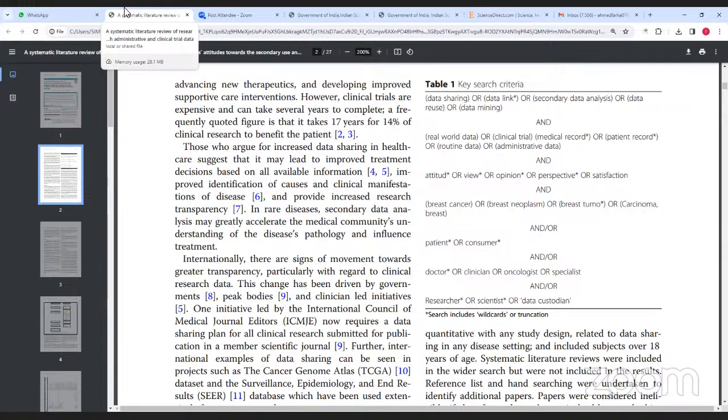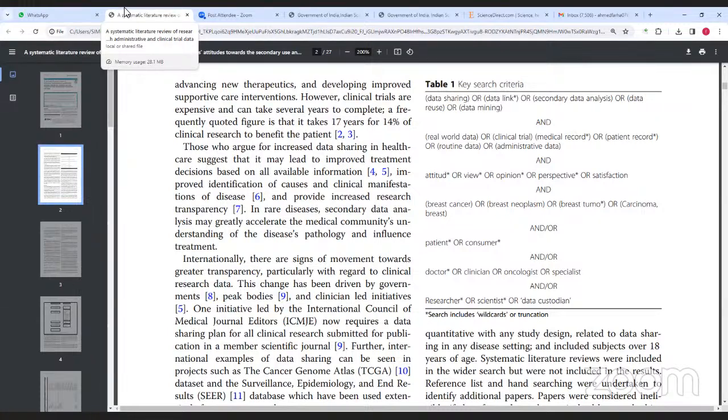Those who argue for increased data sharing in healthcare suggest that it may lead to improved treatment decisions based on all available information, improved identification of causes and clinical manifestations of disease, and increased research transparency. In rare diseases, secondary data analysis may greatly accelerate the medical community's understanding of the disease pathology and influence treatment.